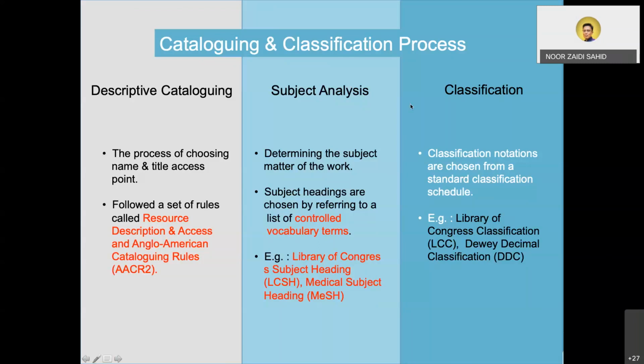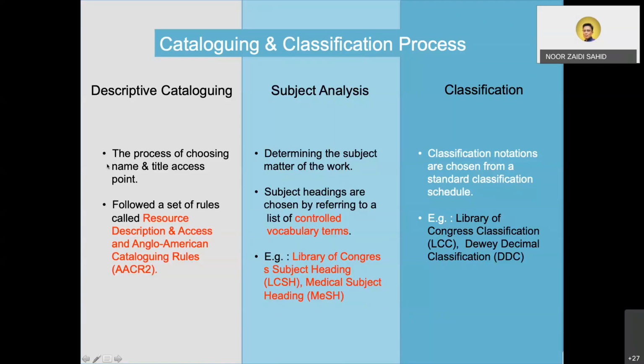Okay, next followed a set rules called RDA currently and AACR. AACR 2R, Anglo-American Cataloguing Rule. 3 tahun ataupun 4 tahun lepas Malaysian library, they shifted from AACR 2 to RDA. Kenapa ya? Sebab di seluruh dunia dia menggunakan RDA to replace AACR.